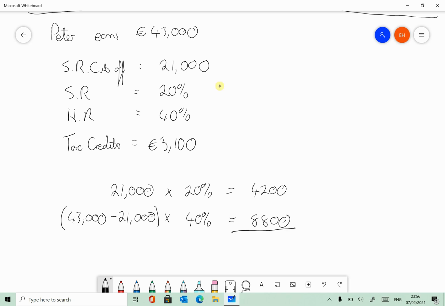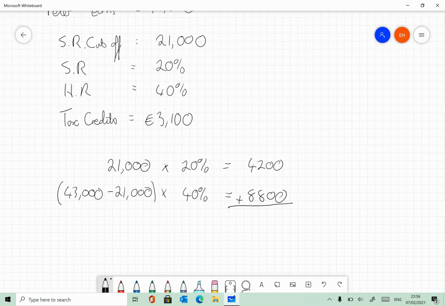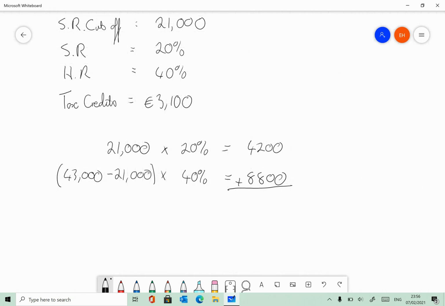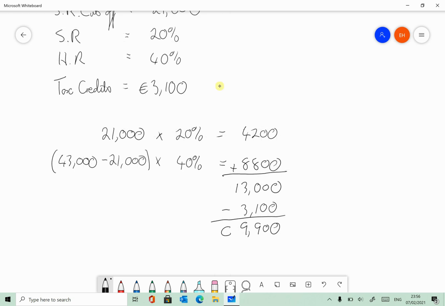So the amount of tax that Peter could end up paying, plus 4,200, is 13,000. But Peter has these things called tax credits that reduce the 13,000. So we're going to reduce that by the 3,100 to give us 9,900, I think. So that's the amount of tax that Peter will actually have to end up paying.